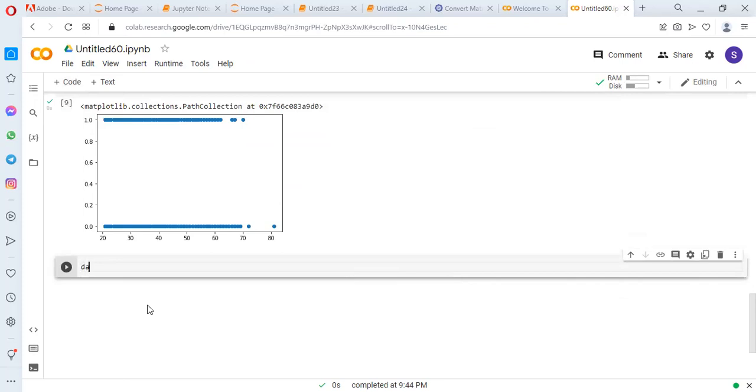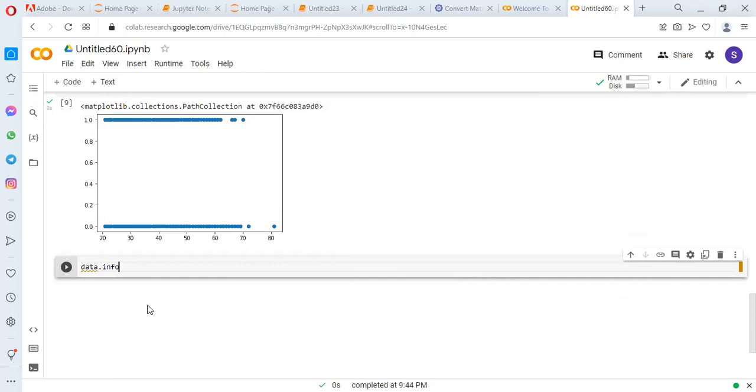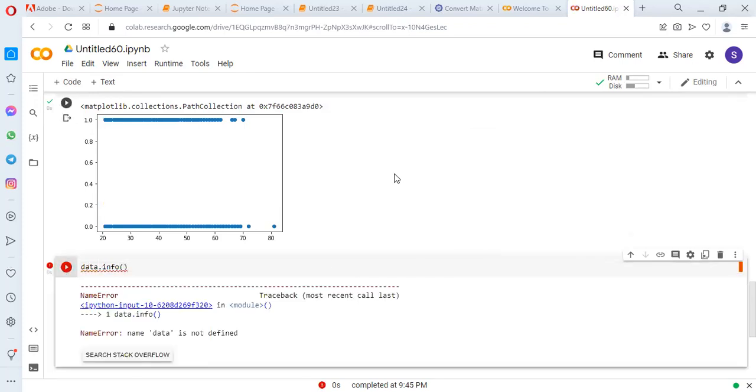Now, if I want to see the information from my data set, what I will write is data.info.